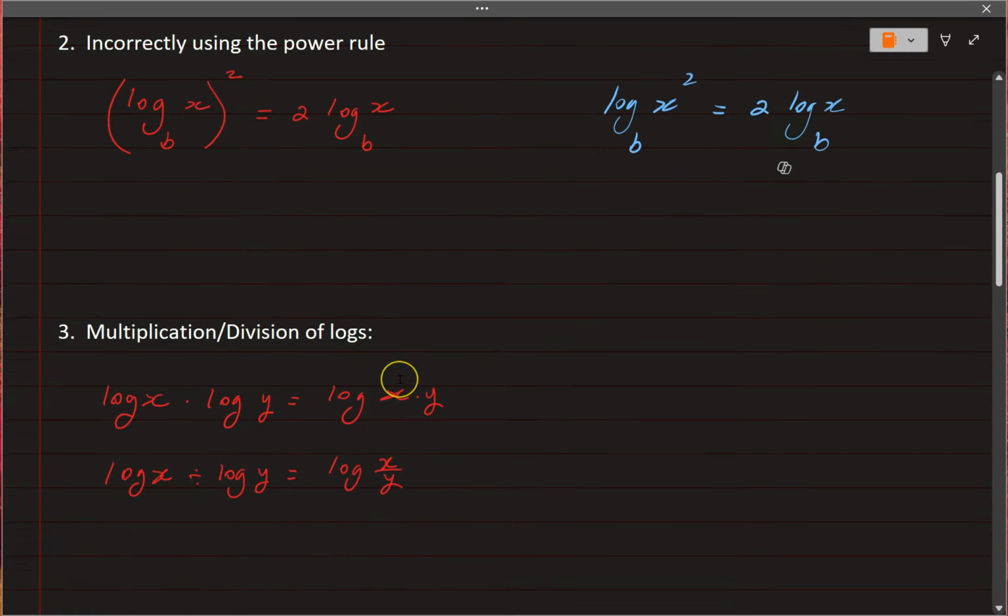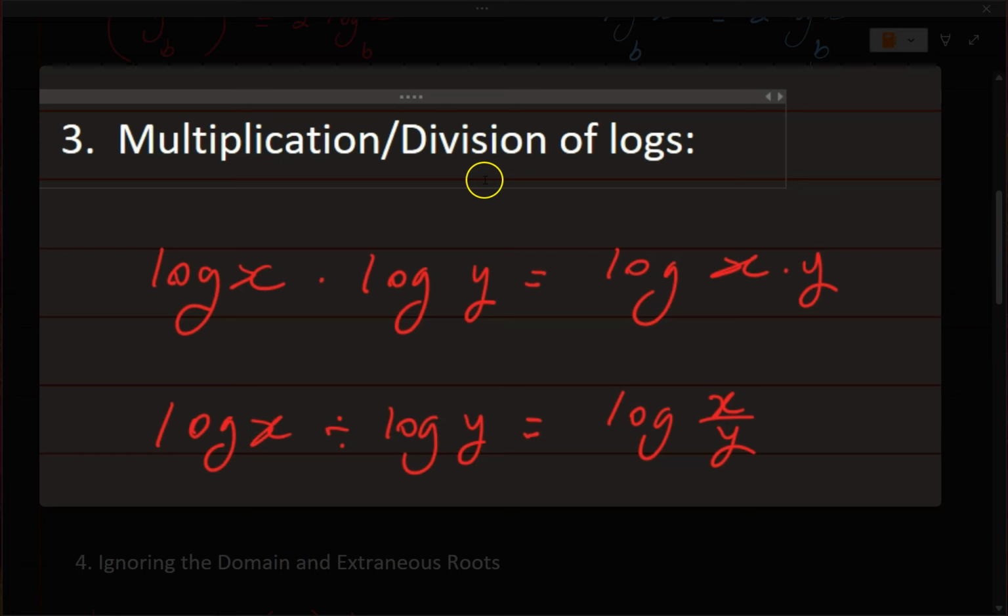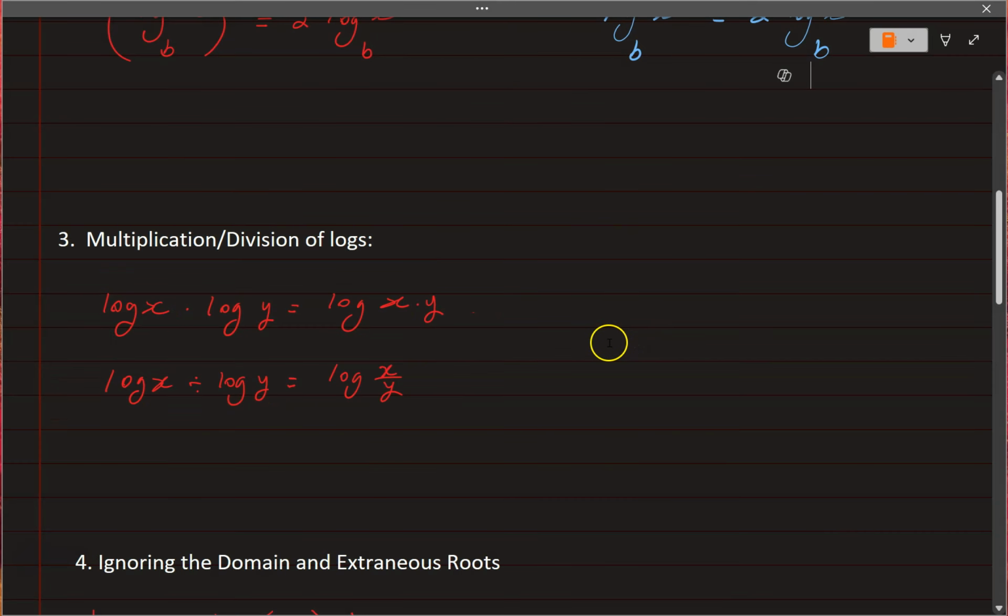All right, number 3: multiplication and division of logs being confused. This is so common. It's comedic. I have a lot of sympathy for some of the students, but sometimes they get confused. So log of x times log of y, they say that's log of x times y. Well, you can't do that. That's not a law. There's no such thing. And so is the division.